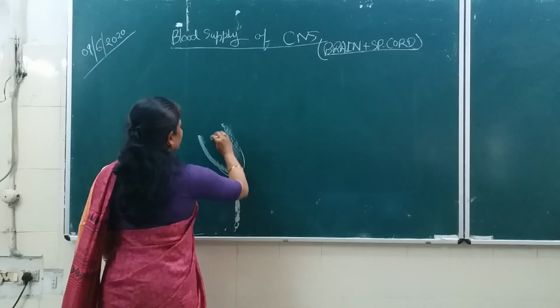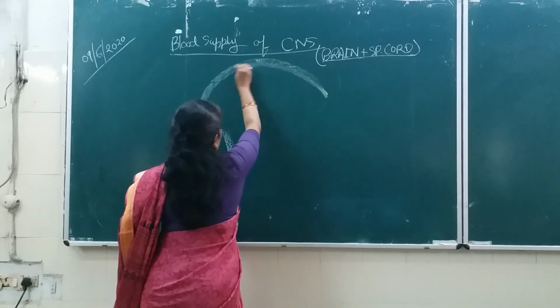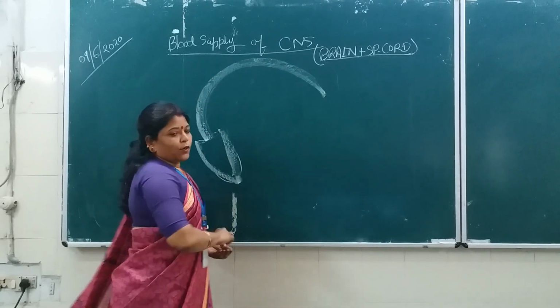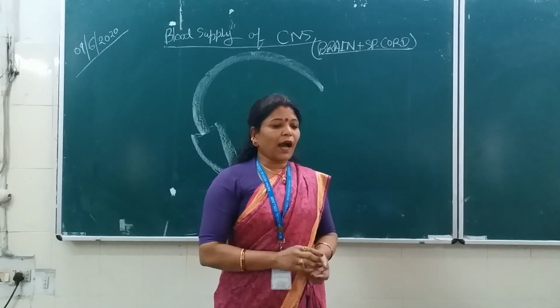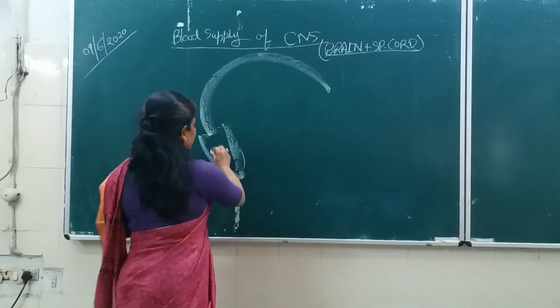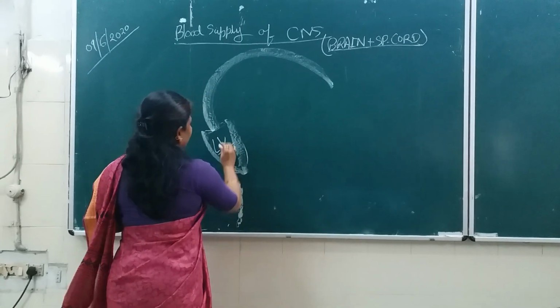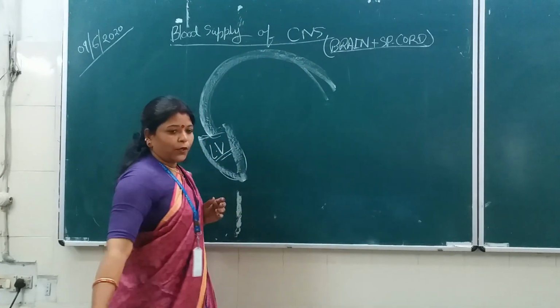These arteries are coming from the arch of aorta. What is the arch of aorta? It is the output of the left ventricle, isn't it? This is the left ventricle and this is the outflow tract, which is known as the arch of aorta.